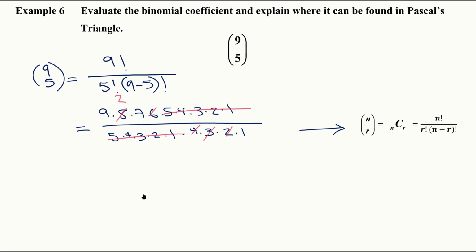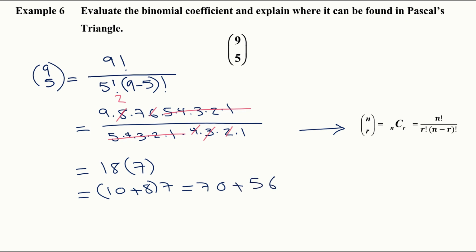So basically we have 18 times 7, right? Which is like saying 10 plus 8 times 7, since we said no calculator. So that'll be 70 plus 56, which is 126, like so, okay?